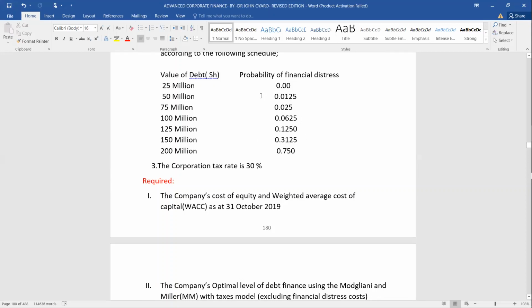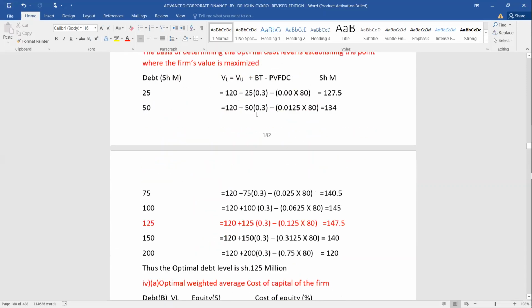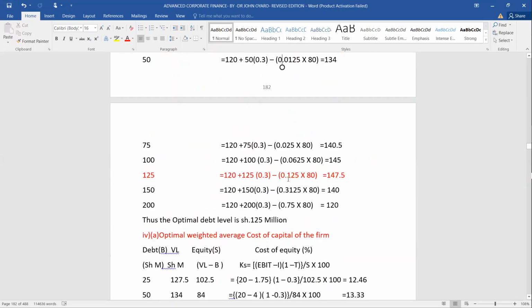So times 80 million to know the actual estimated value of financial distress cost. Taking 0.025 times 80, remove it from the answer there. Do you find 140.5? Yes, 140.5.